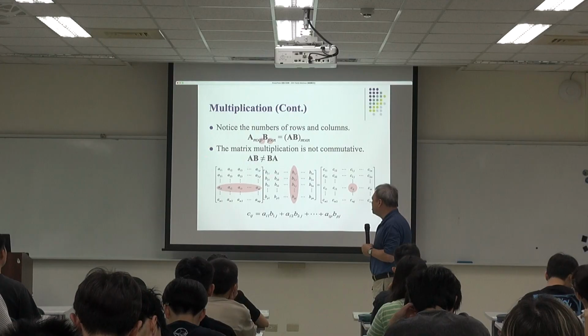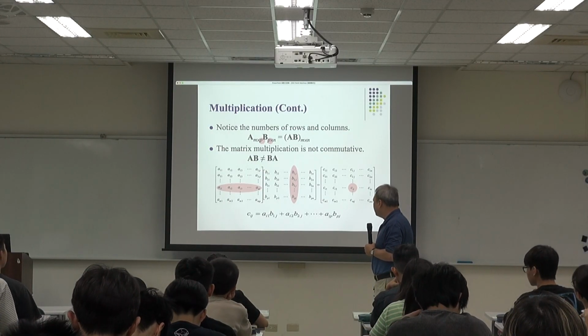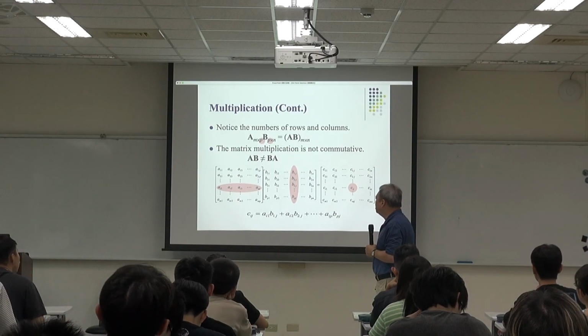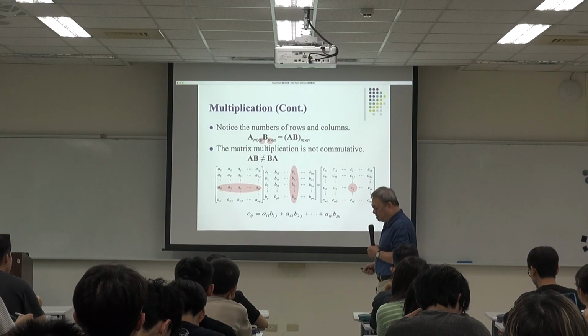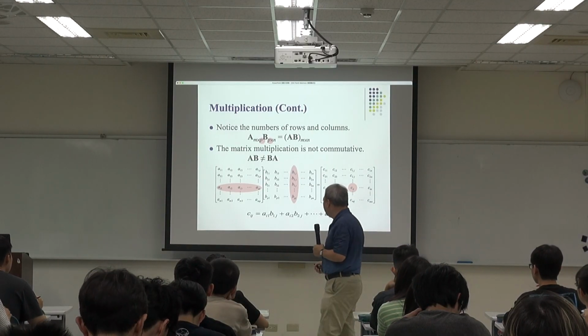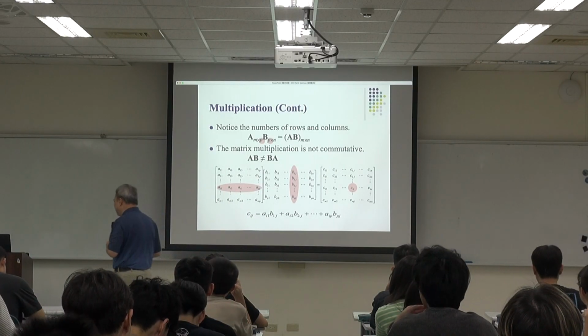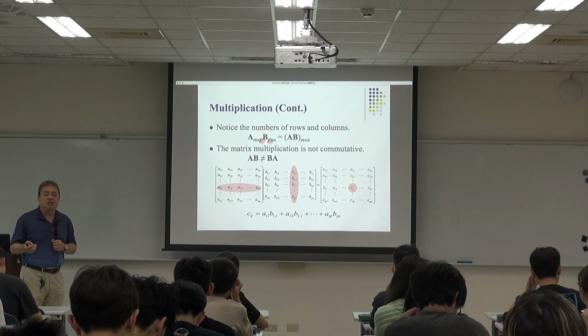One important thing to mention is that matrix multiplication is not commutative. What do we mean? A times B is not necessarily the same as B times A. Is there such a case? Yes.